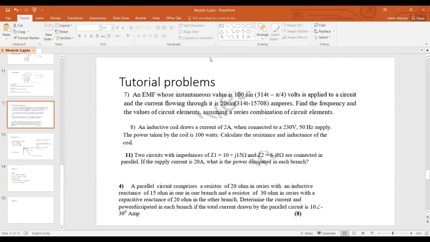Did anyone solve the third question? So I1 is 11.45.